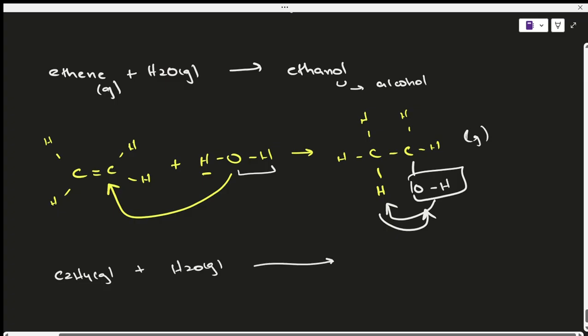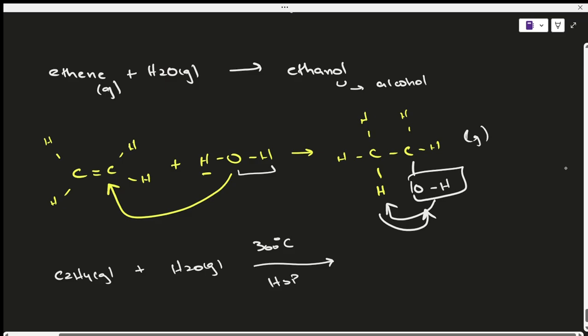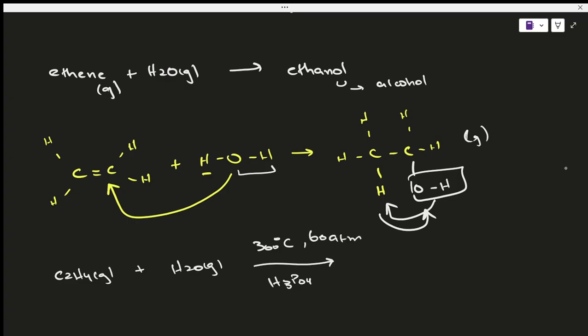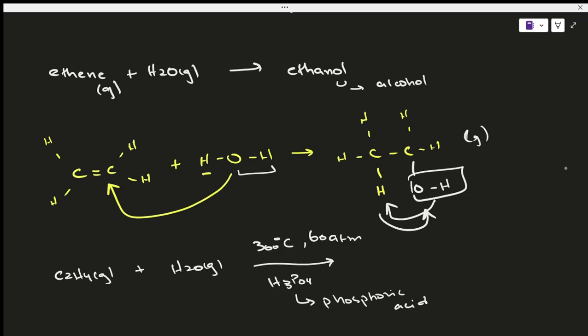You need 300 degrees centigrade, an H3PO4 catalyst, and you also need 60 atm pressure. This basically is phosphoric acid.